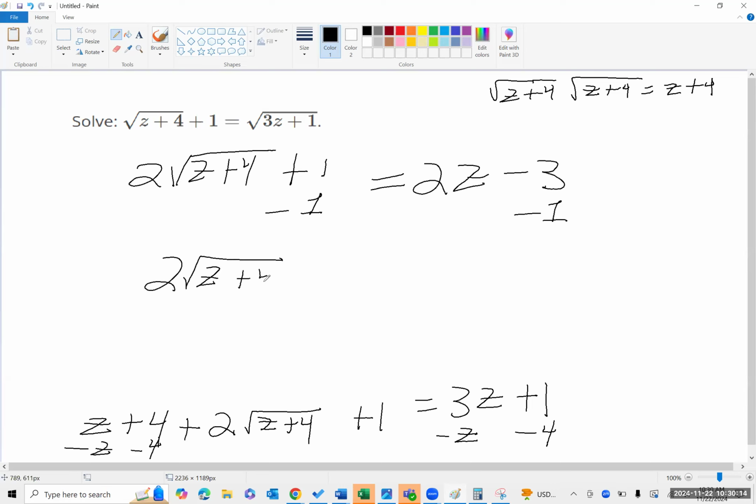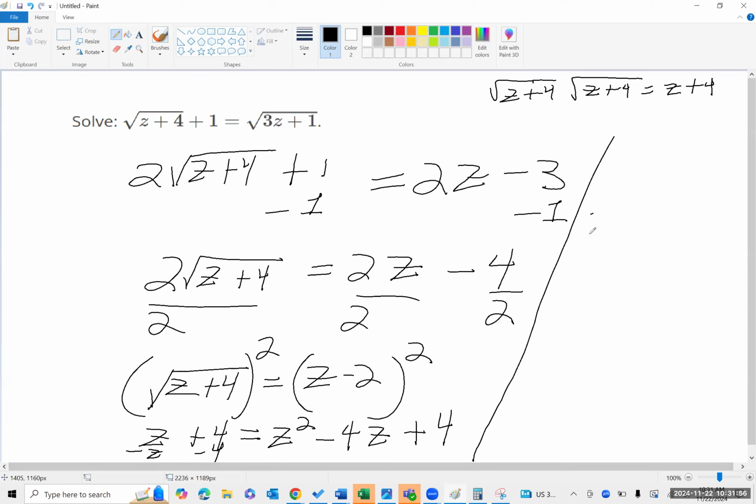And then I know I'm running out of space here, but I'm going to go ahead and subtract the z and subtract the 4. And that leaves me with a 0 is equal to z squared, minus 5z, and these evidently cancel.